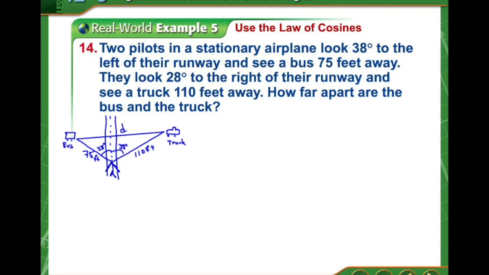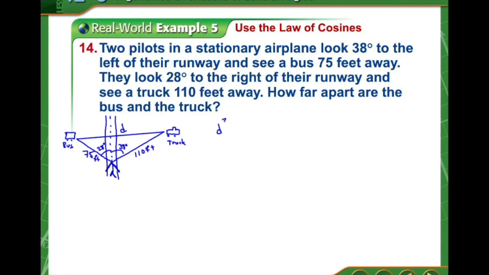So we're really looking for one side length on here. We have 2 out of 3 sides. We have one angle. So we can really use law of cosines, probably going to be our advantage because we don't have 2 angles given to us, so law of sines wouldn't help us. So law of cosines is the best bet here.